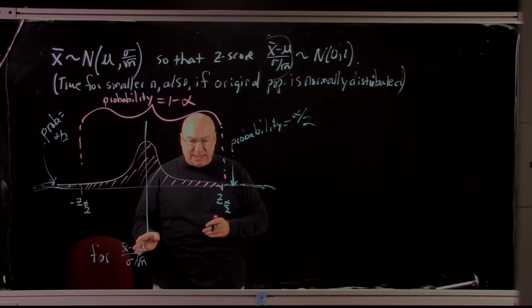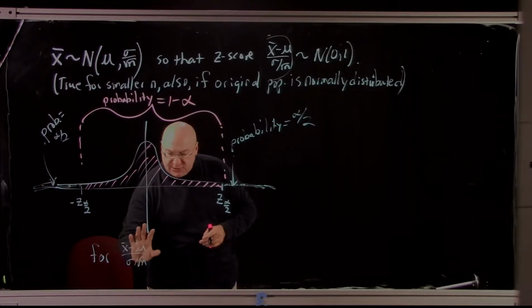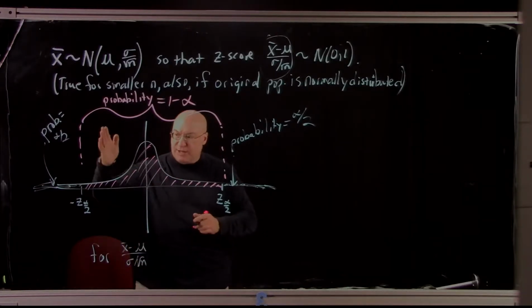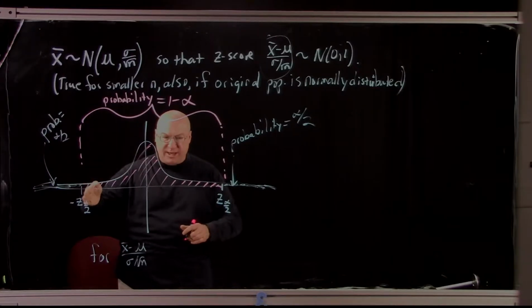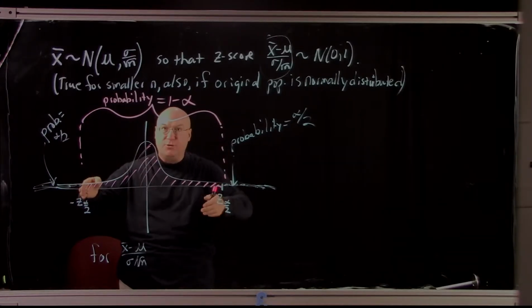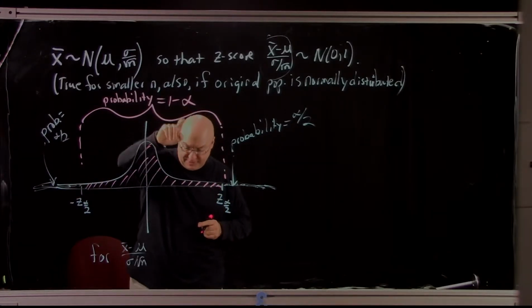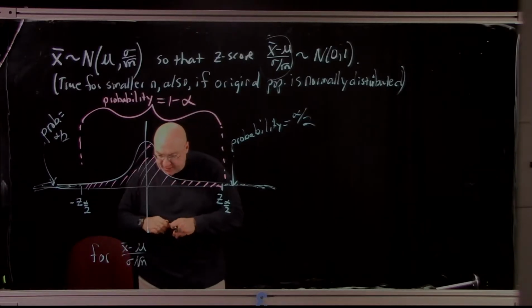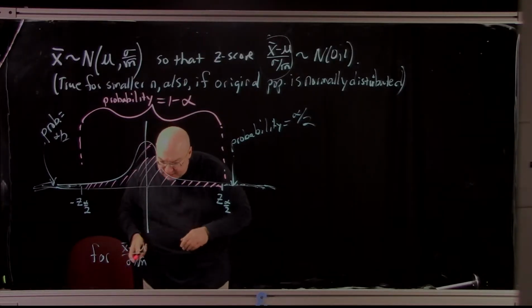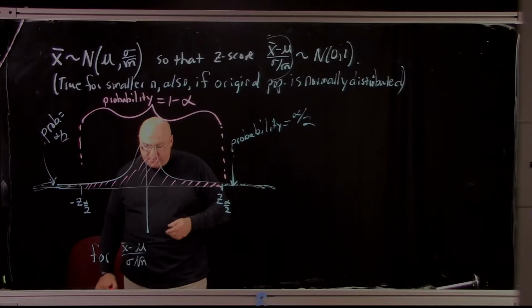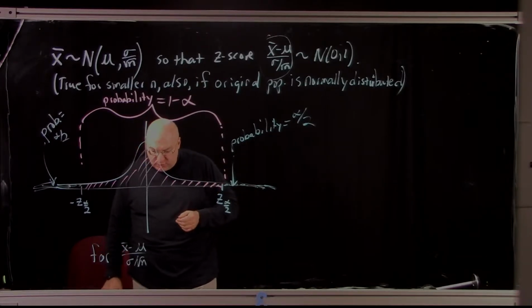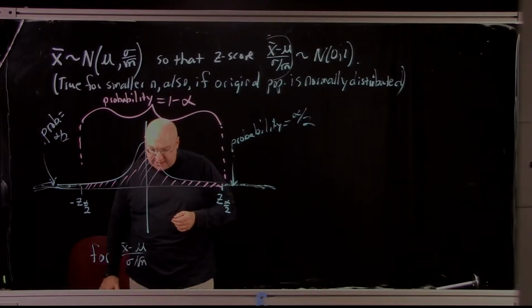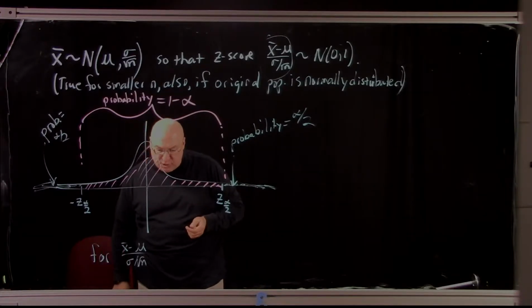So the probability that this z-score lies between negative z alpha over 2 and z alpha over 2 is this 1 minus alpha, right? Yes, we can say that on the next page: the x bar z-score lies between minus z alpha over 2 and positive z alpha over 2 with probability 1 minus alpha.